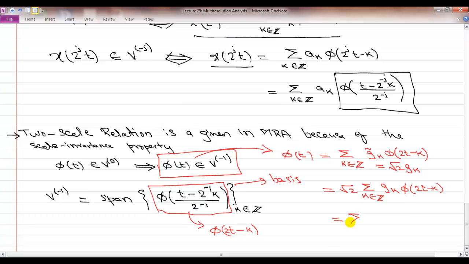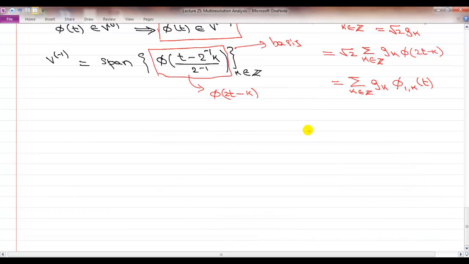Or by doing that, I can write the sum over k belongs to Z of g of k times phi of scale 1 and shift k of t, where phi 1k is defined as square root of 2 phi of 2t minus k. So it's the same notation we are following.